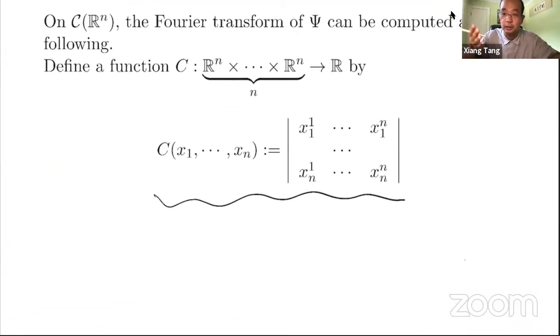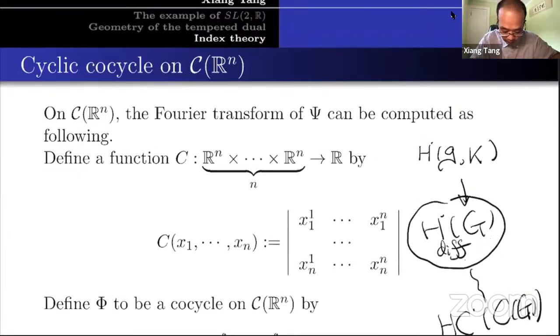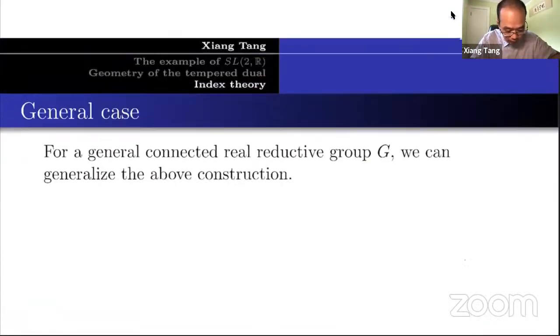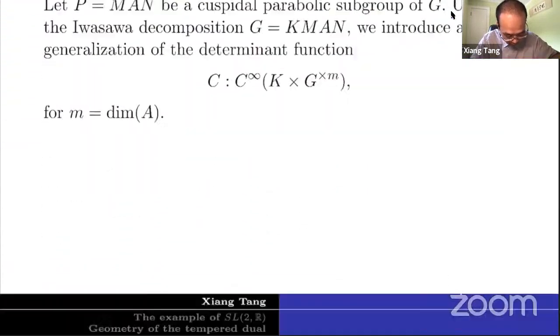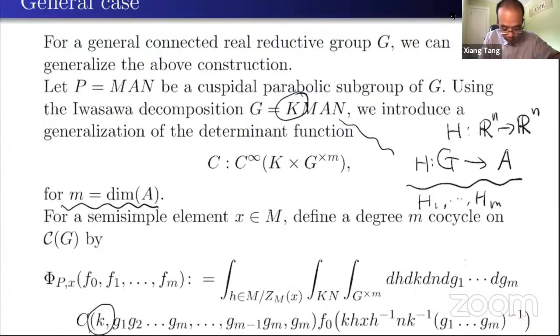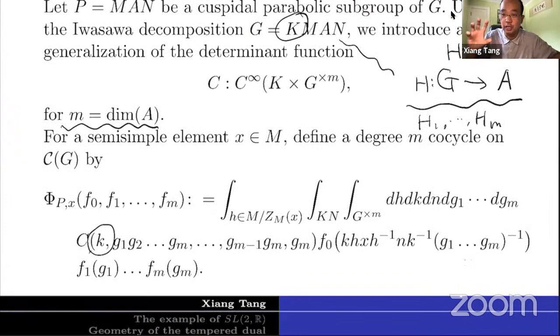What should it be like? Things there exist. It's already there. In some sense, we need to do a Fourier transform, using the Plancherel formula, some generalized Fourier transform. So the formula we wrote down in these slides is the Fourier transform of the integral on the tempered dual. That's what we would like to view it as.